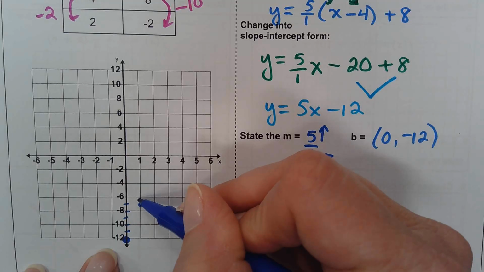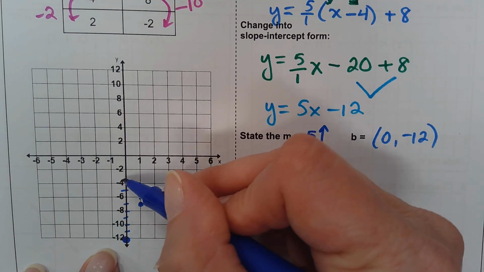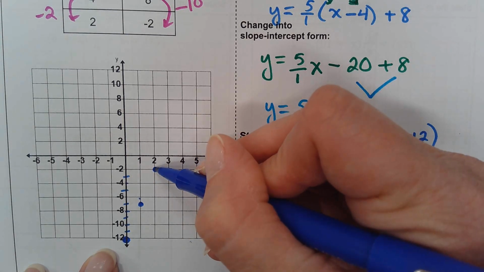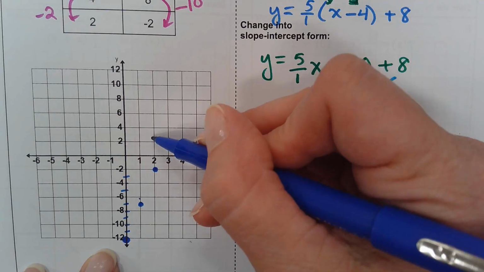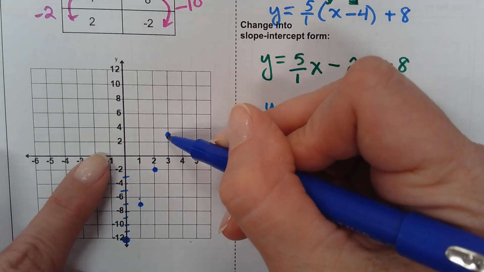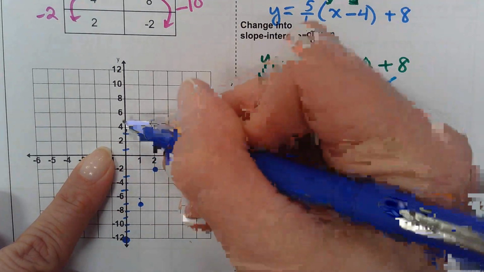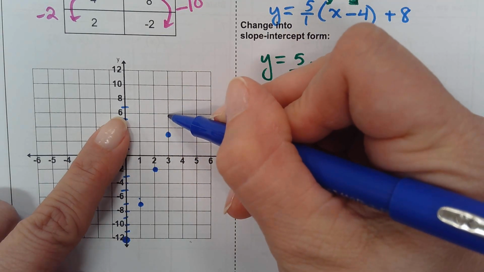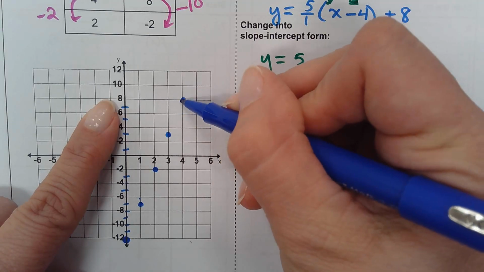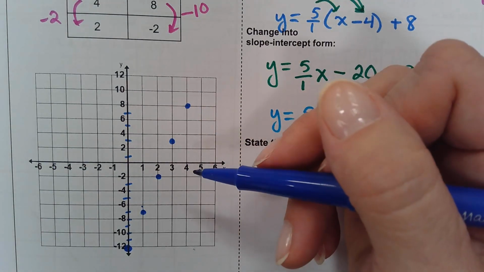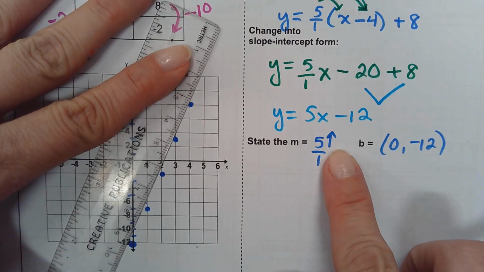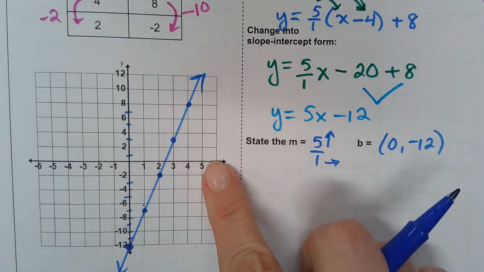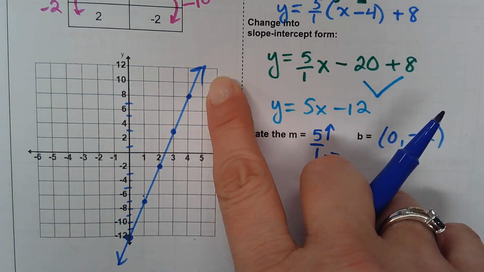Each box is 2. So when we go up 5, 1, 2, 3, 4, 5, over 1. And so this line right here, using the slope and that point, is on the graph paper. Don't forget to draw your arrows.